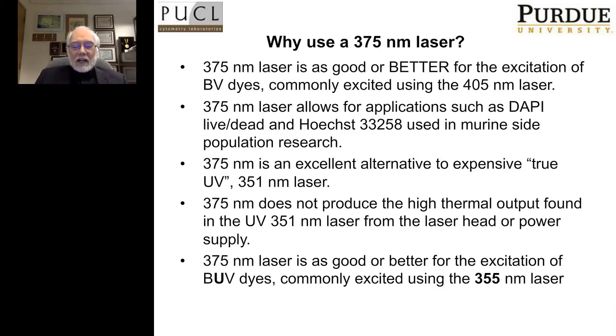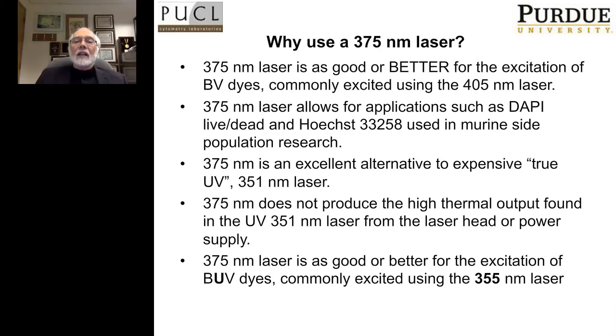Another advantage of that is it doesn't have any high thermal output. And of course, you don't have to deal with the other complications of the 350, 355 lasers with power supplies and high voltage and sheer size.